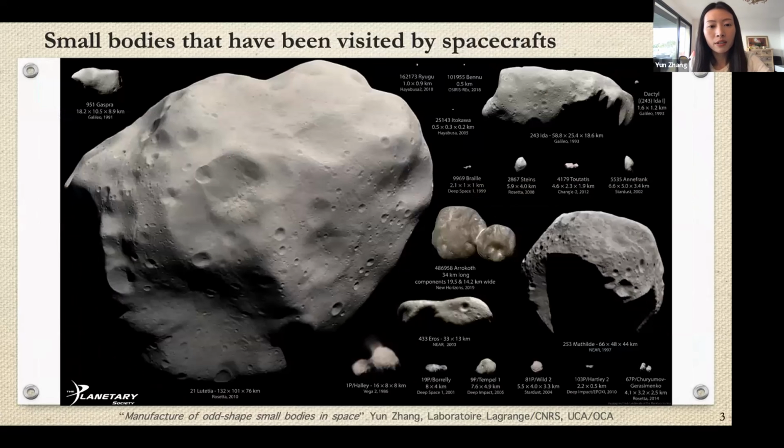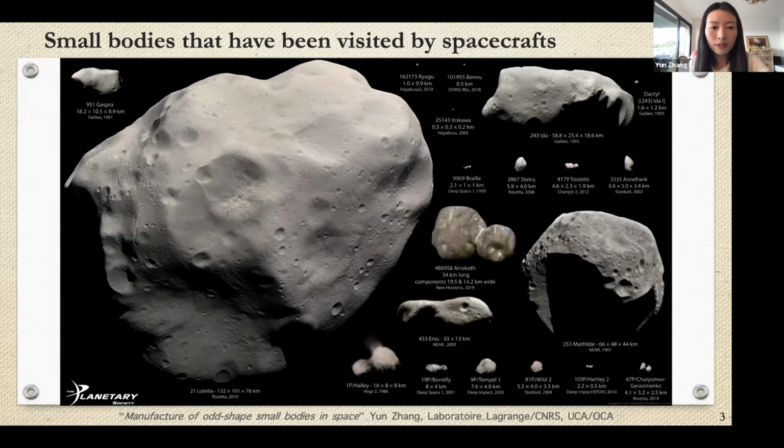In recent years, more and more spacecraft are sent to visit small bodies in our solar system, as summarized in these images, where the small bodies are shown with actual size scales. Unlike planets and dwarf planets, the gravity of a small body is not enough to squeeze it into a sphere. So every small body has its own unique shape and surface morphology, which corresponds to its lifetime story.